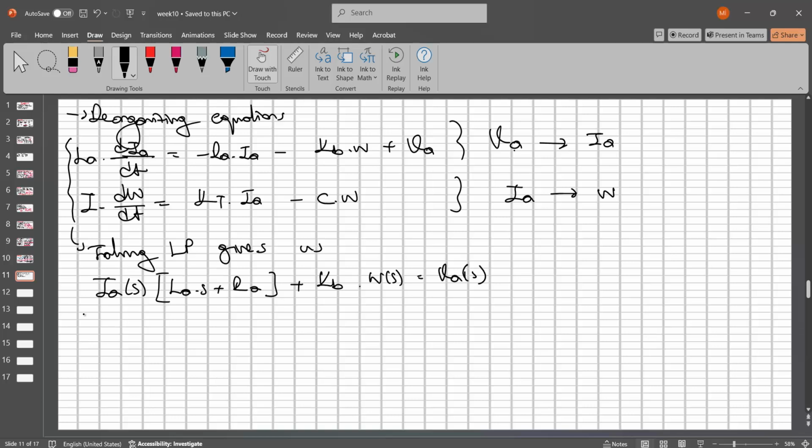And also we have W(S) in the second place, (I S plus C) times W(S), because we take this term to the left side, equal to KT times IA(S). These are the basic Laplace transformations of these terms. So, how can we build the block diagram in here based on these equations?